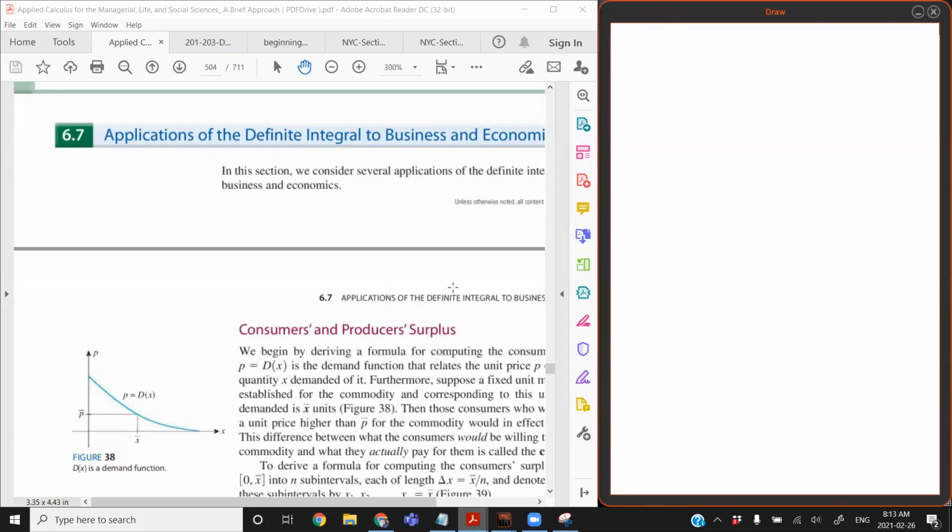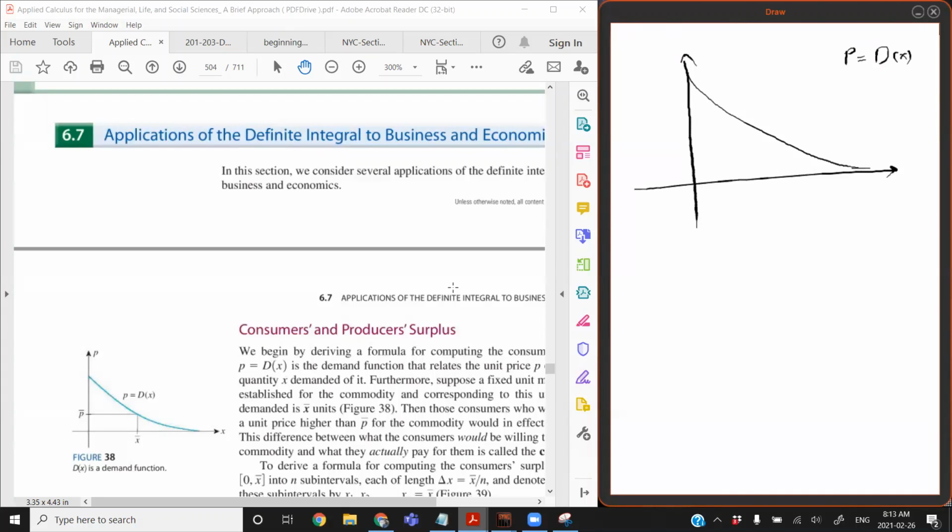So let's just review the demand function and the supply function. The demand function is a function like this. It's a decreasing function. So the way you can memorize it is demand is decreasing. So price is equal to D of x, D for demand. And remember that demand is decreasing. And how does it work?